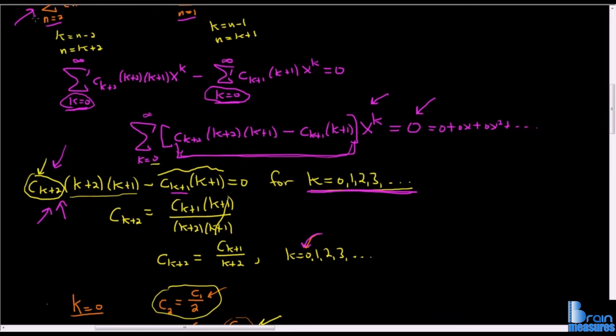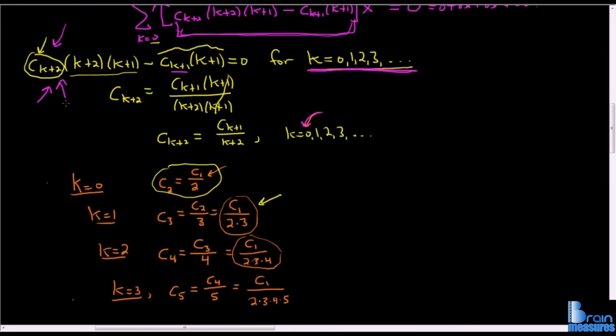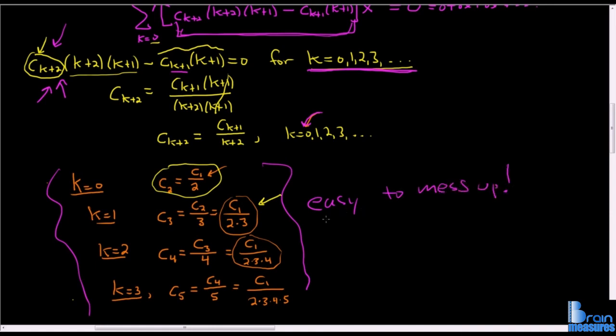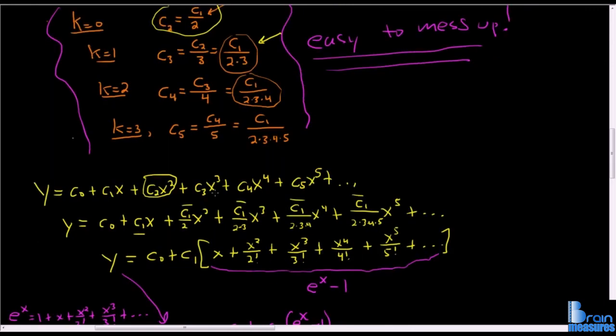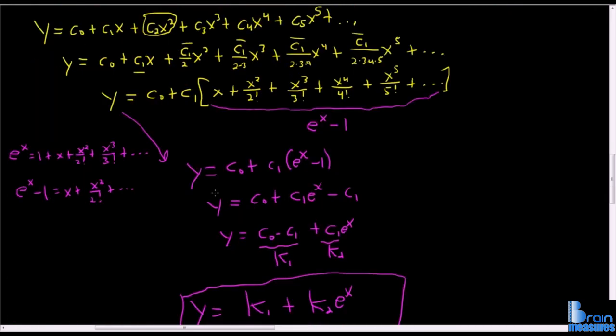So when you start plugging in values for k, be really, really careful here. This is the part where it's easy to mess up. Well, I suppose there's lots of places you can mess up, but be careful. So plug in 0, 1, 2, 3 until you find a pattern, and then you can write down your differential equation and work it out.